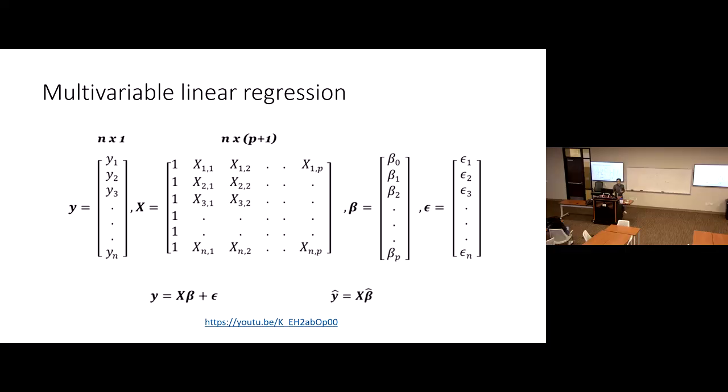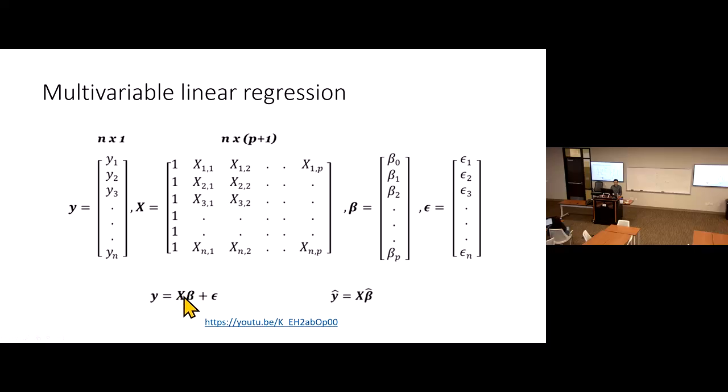So that's the general formula, and you use the matrix as input, and then your beta is a vector. So this matrix is n by p plus 1. Your vector is p plus 1 by 1. Okay, so you can do this matrix multiplication. The output of this, the size will be n by 1, the same as your y.